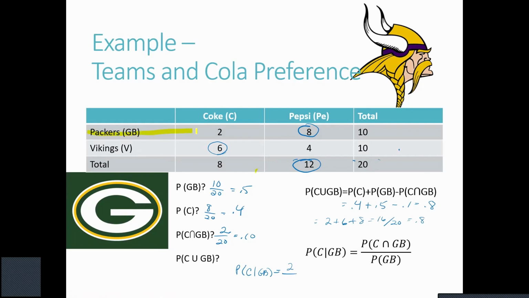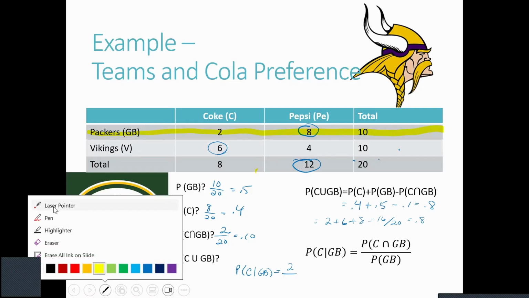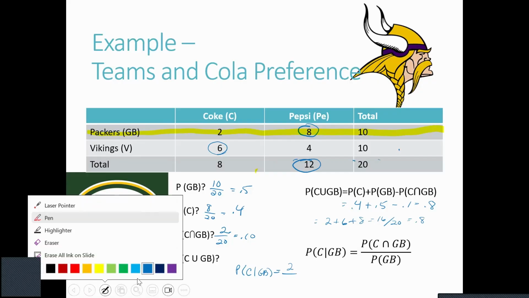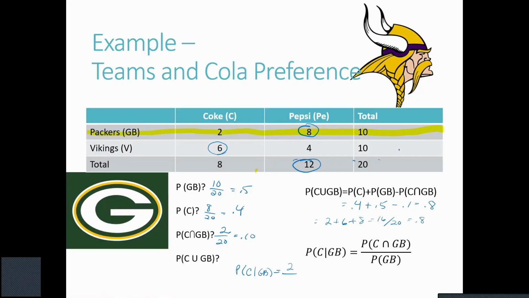So we're only going to look here because we're given Green Bay, and that becomes our new basis. There are 10 people in that condition that we're given. So we're going to take the 2, but we're going to divide it by 10, and that is 0.2.